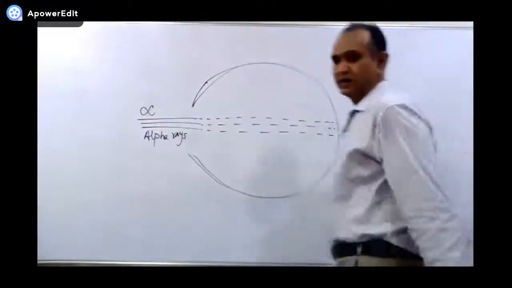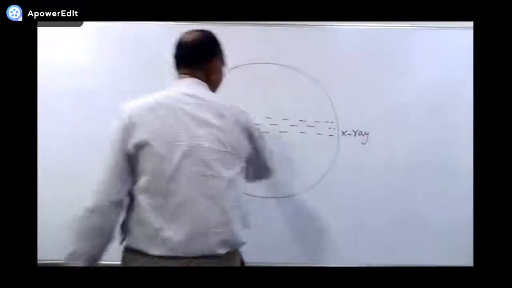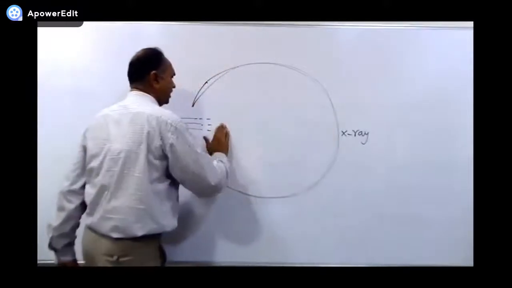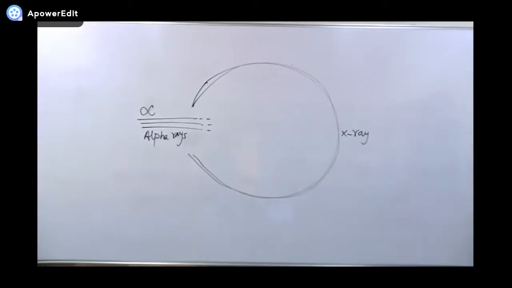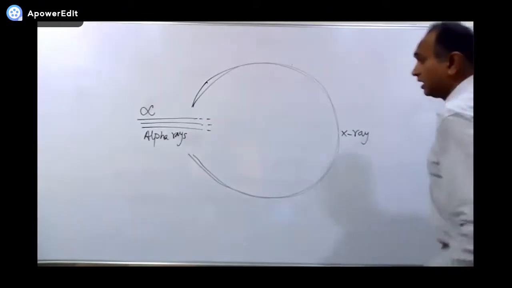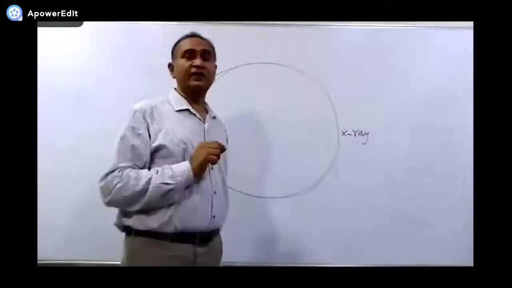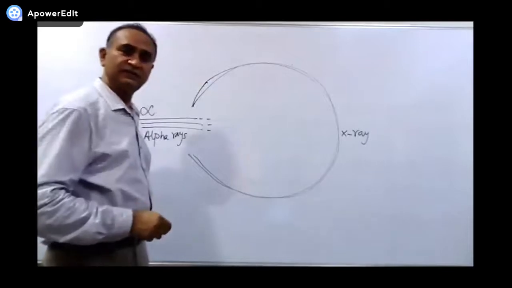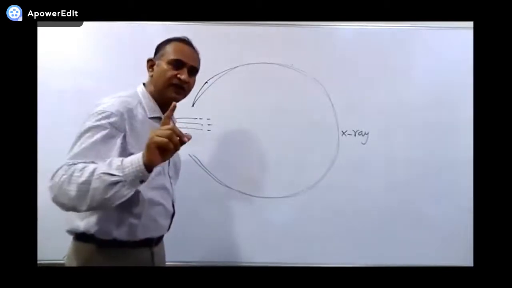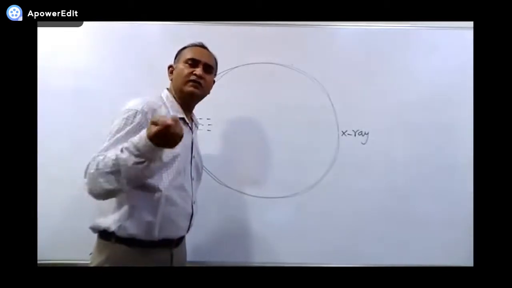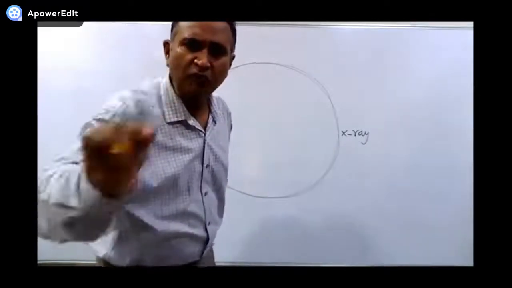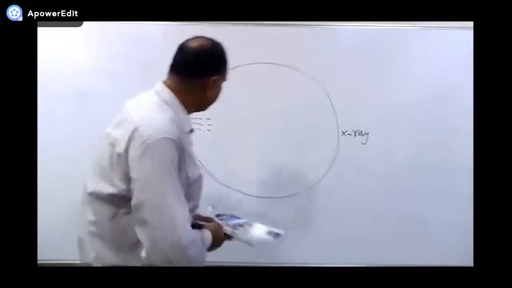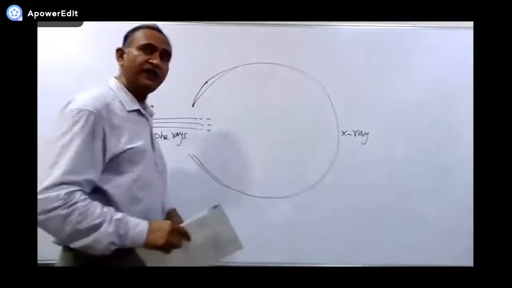What he did, he put a very thin gold foil, gold paper, in their path. He took a 0.004 centimeter thick gold foil, very, very thin, and put it in the path of alpha rays.